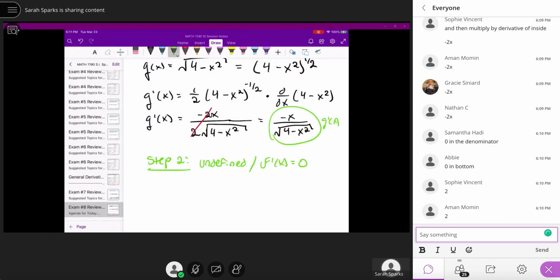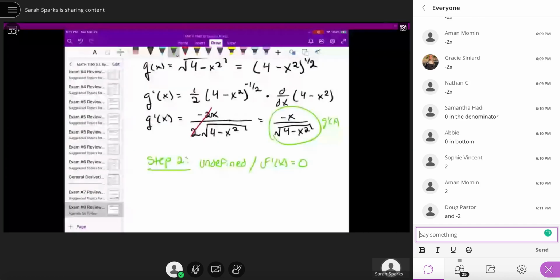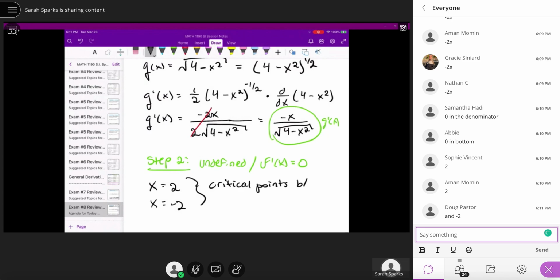Yeah, 2. And there's another value, right? 2 and, yeah, and -2. So we know that x equals 2 and x equals -2 are going to be critical points, because g prime of x is undefined there.